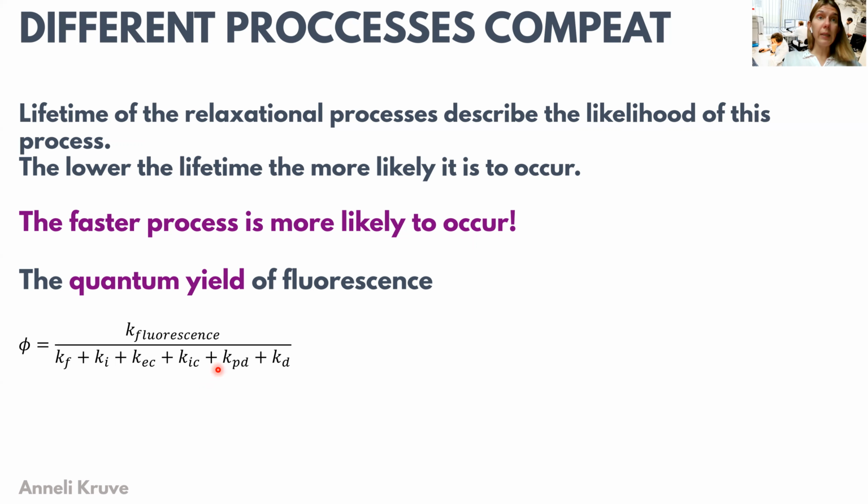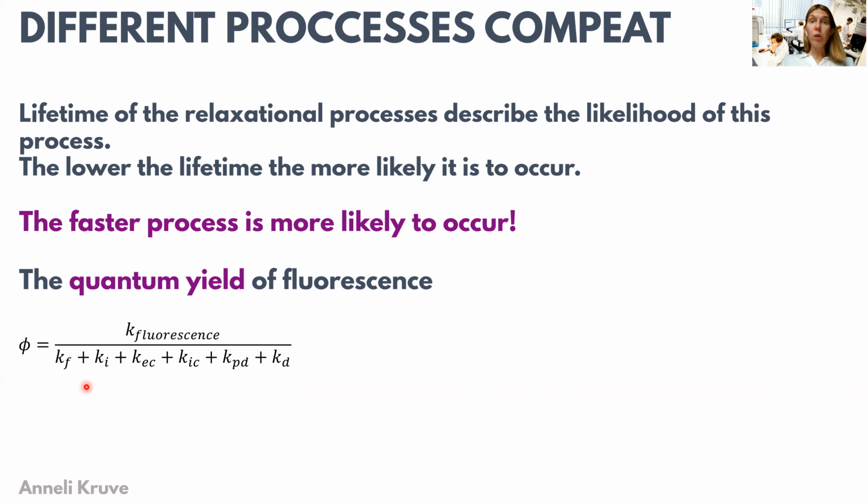So in the cases where fluorescence is occurring with a very high quantum yield, sometimes the quantum yields can be close to 1, for example, then this means that the rate constant of fluorescence is by far the dominating process. This usually happens by slowing down the other competing processes. And this is often determined by the environmental conditions or by the structure of the compound, as we will see later.